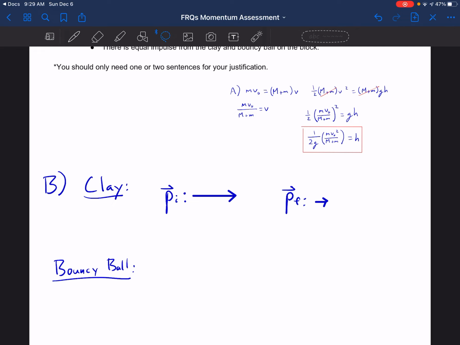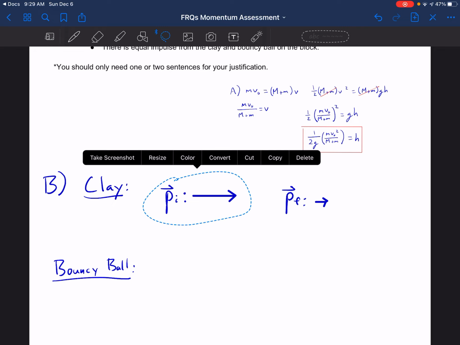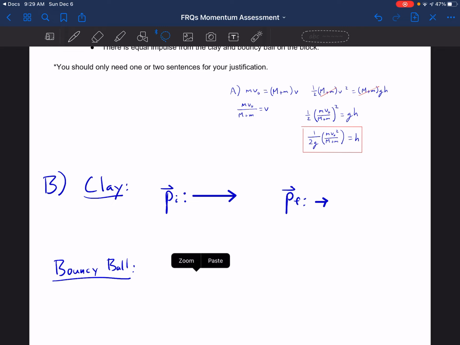Now, if we think about the bouncy ball, its initial momentum is actually the exact same as the clay. But the final momentum is going to be different because it actually reverses direction. So the final momentum of the ball is going to actually look something like this, right? Because it's bouncing back the other way. So what that means is if we look at the change in momentum, it's more for the bouncy ball, right?